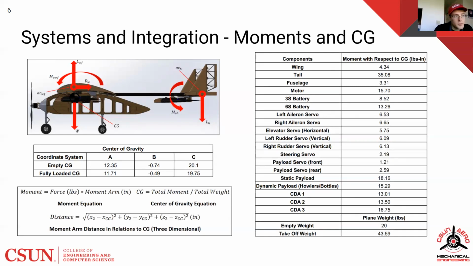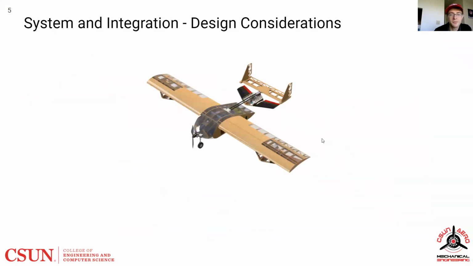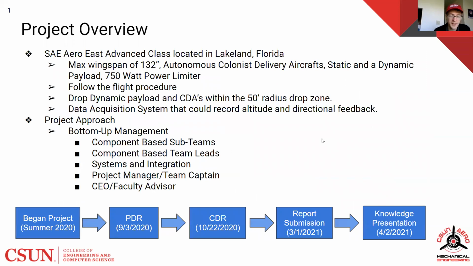You had a schedule shown very early on with some dates on it. Were those dates the planned date, the actual date, and how did you manage the uncertainty of COVID and really knowing what you're going to be able to do with the schedule of trying to put this airplane together? So one of our big things as a team and along with our advisor is we wanted to get a lot of these huge deadlines out of the way early on, such as our preliminary design review and our critical design review.